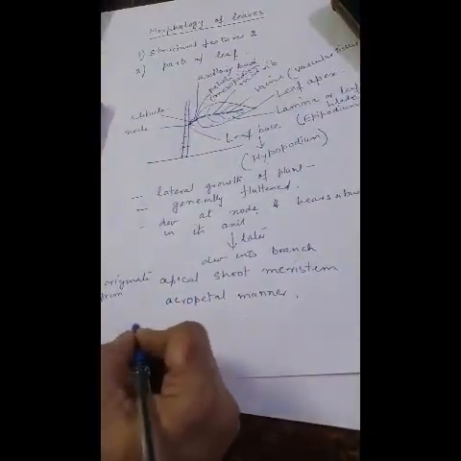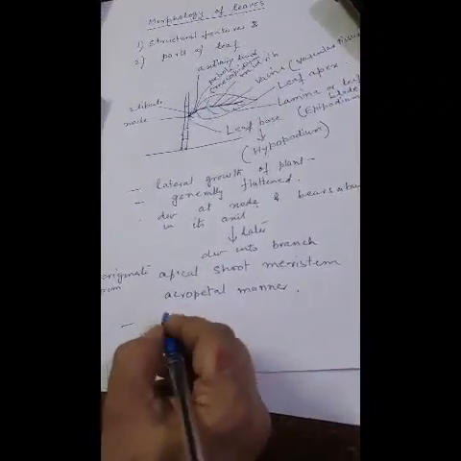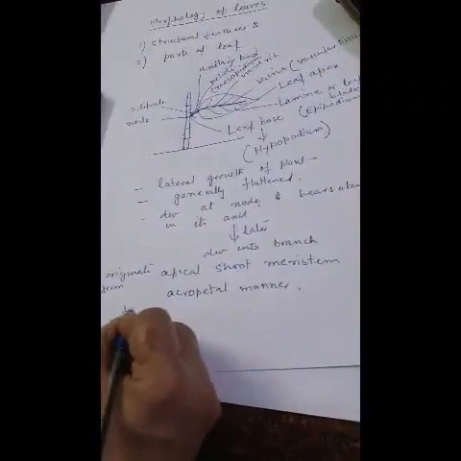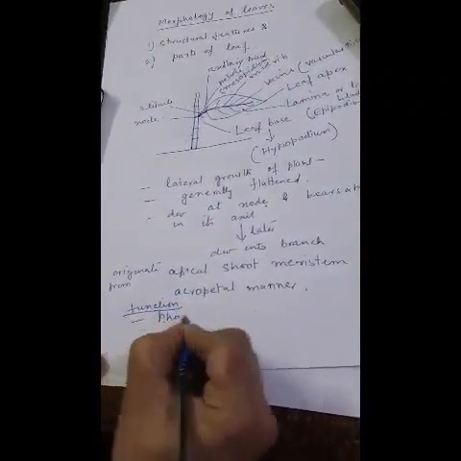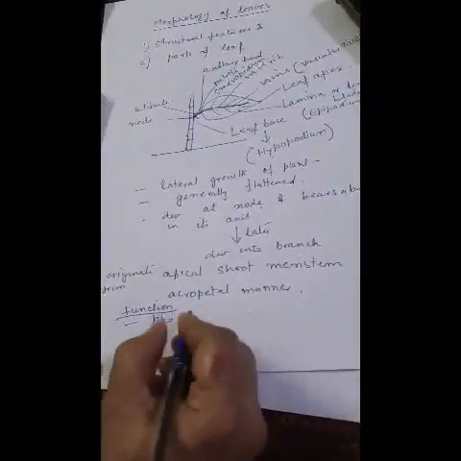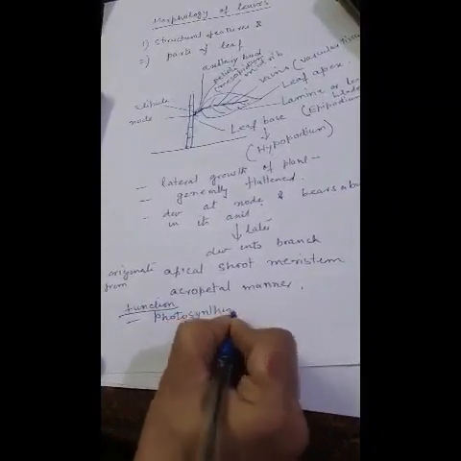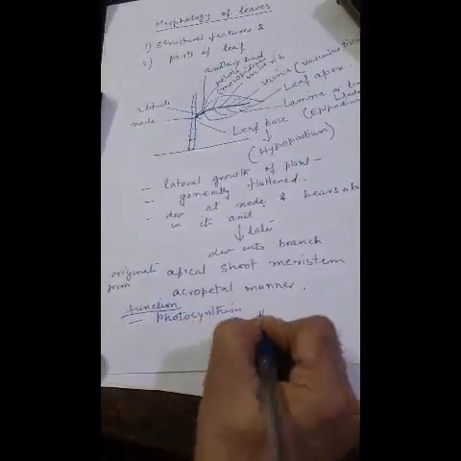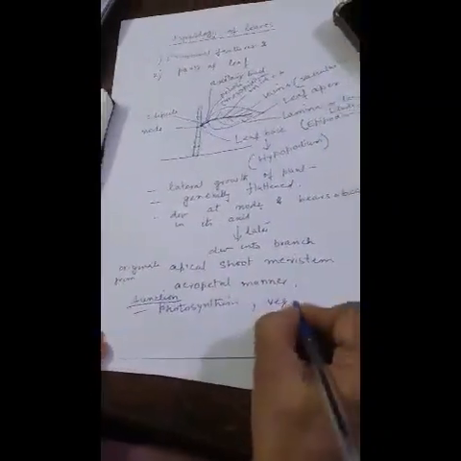Most important function of leaf is photosynthesis, because it contains chlorophyll, and vegetative propagation.